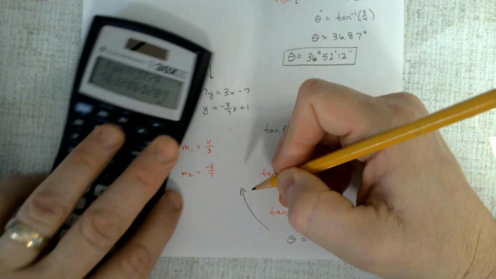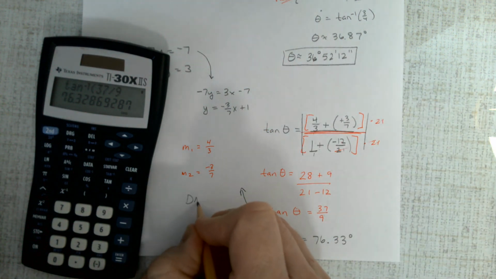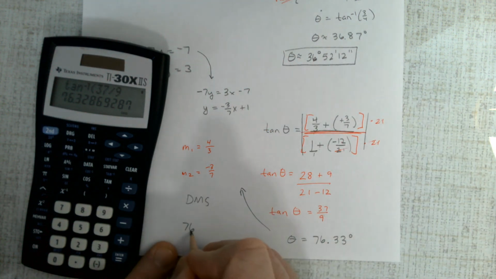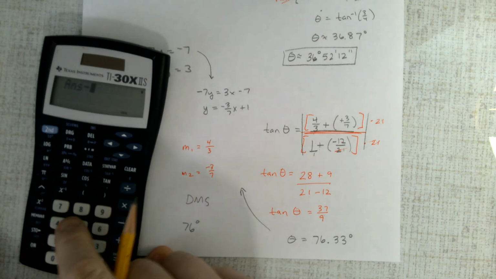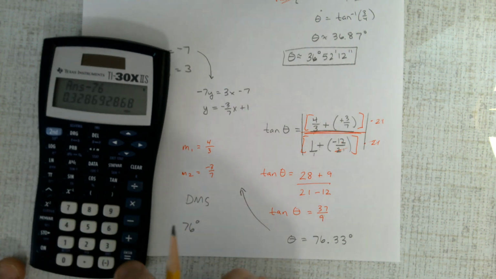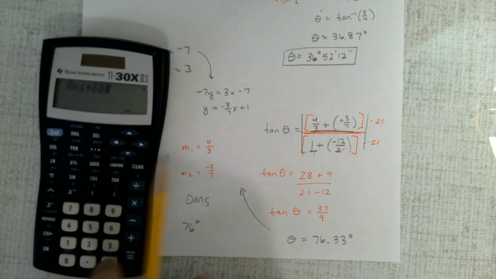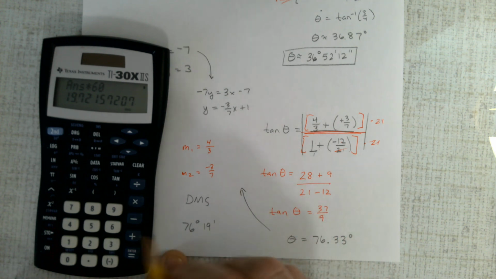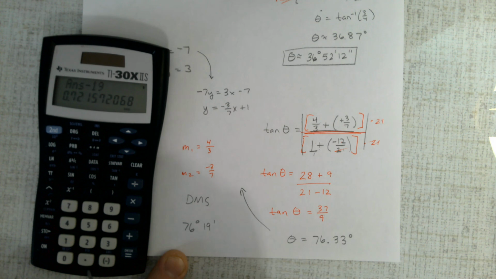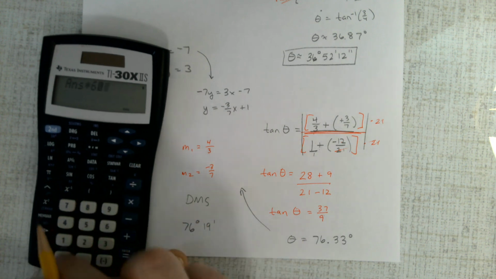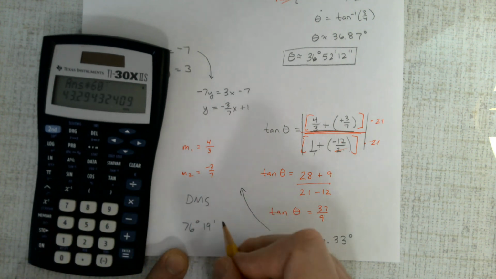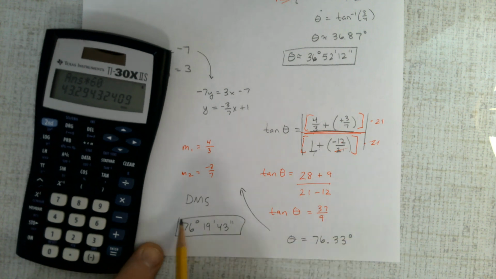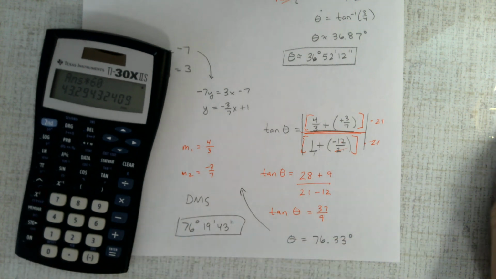But if we want DMS, it is 76 degrees. Take off the 76. I have that decimal for the minutes, times it by 60. 19 minutes, don't round here because we're in the middle of a problem. Take off the 19. I have this for the seconds, times 60. Now we round, but we don't need to. 43 seconds. Alright, hope this helps.